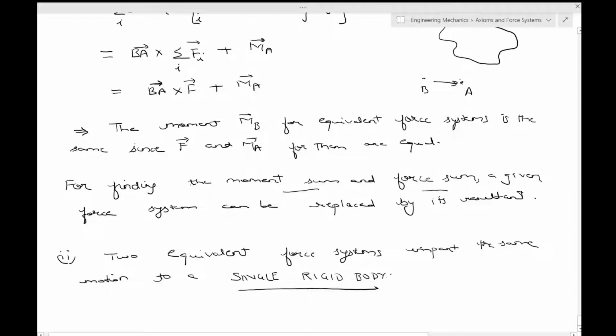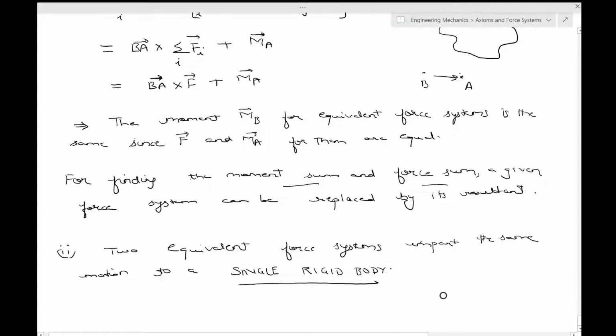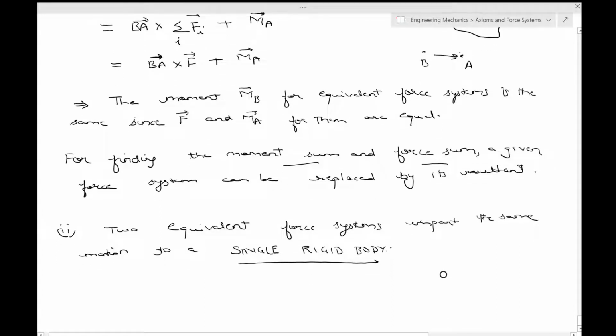The reason for this is that since the external forces and moments are the same, the motion of this rigid body will be the same.